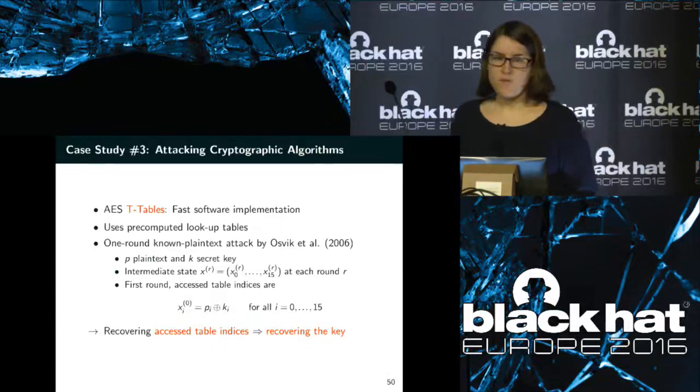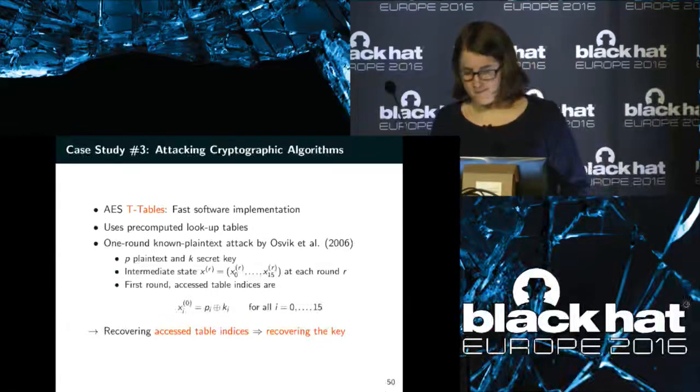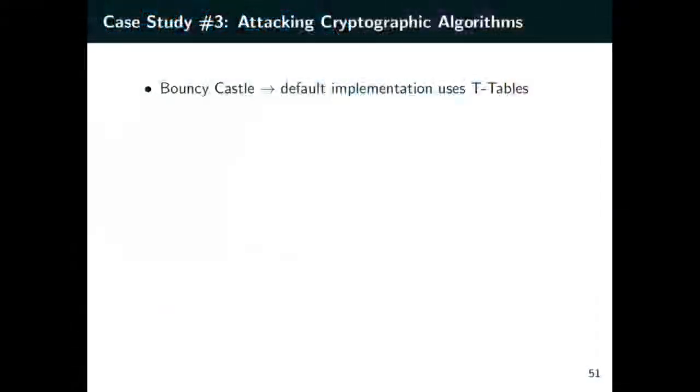So this has been shown in 2006, that's 10 years ago, so nobody uses that anymore, right? No. That's actually the default implementation of Bouncy Castle. It uses these T-tables. And we've seen that we can monitor a lot of things with cache attacks, so let's monitor these T-table entries.